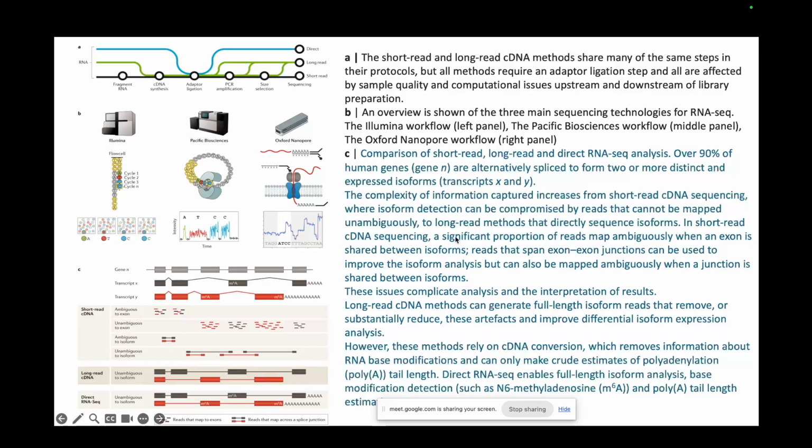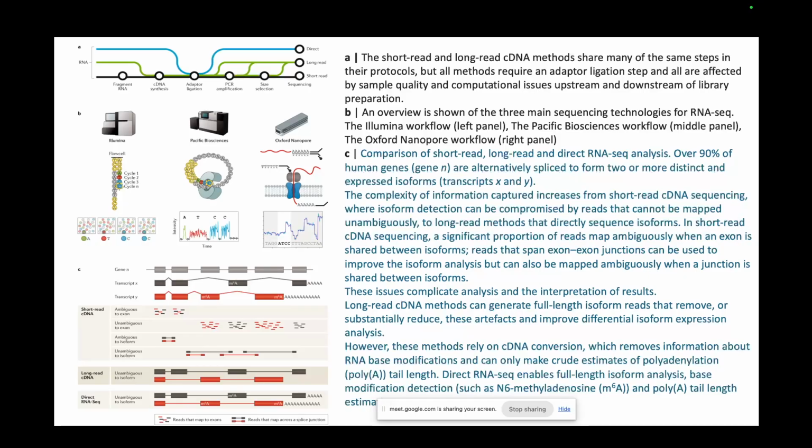In short read cDNA sequencing, a significant portion of reads map ambiguously when an exon is shared between isoforms. Reads spanning exon-exon junctions can be used to improve the isoform analysis, but can also be mapped ambiguously when a junction is shared between these isoforms.